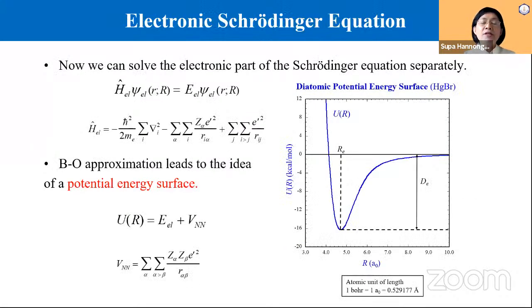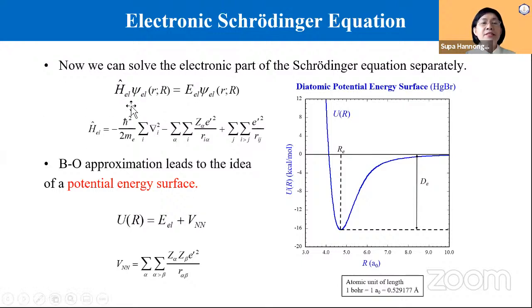And then in order to make this possible, we solve the Schrödinger equation only for the electronic part, only the wave function that depends on electron motion. So we can say that we solve the electronic Schrödinger equation. Now, we can solve the electronic part of the Schrödinger equation separately.